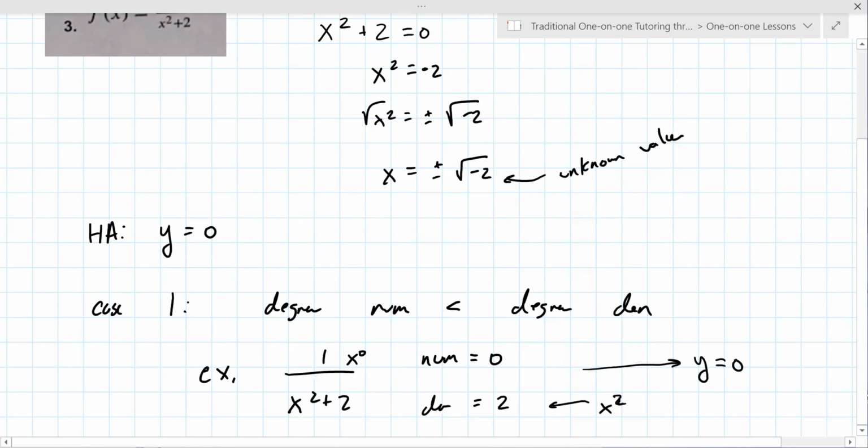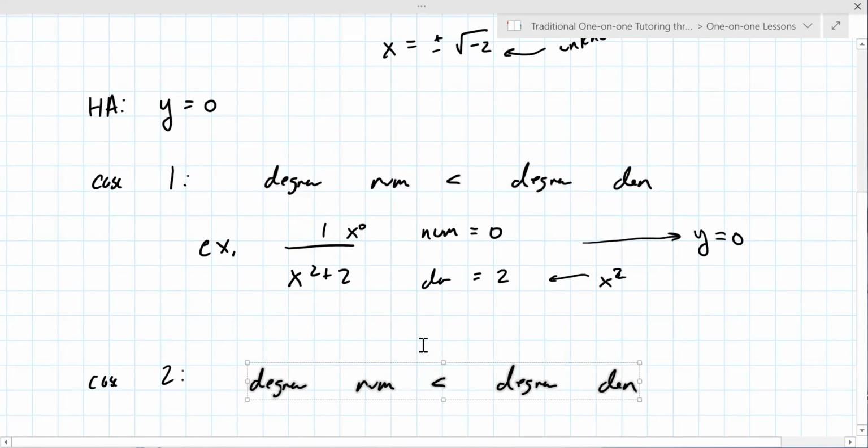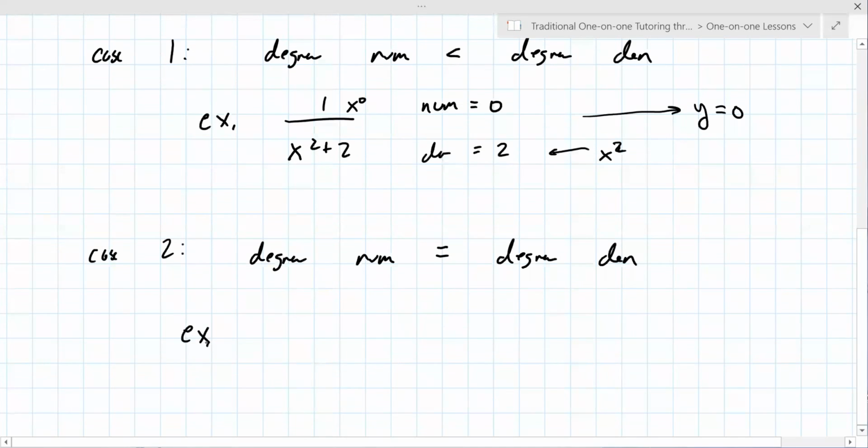That's case 1. The second case, case 2, is when the degree of the numerator actually equals the degree of the denominator. Hopefully these things I'm telling you are something you heard in class. I'm just repeating it. So an example of this is number 2, 9x minus 2 over 3x plus 1.